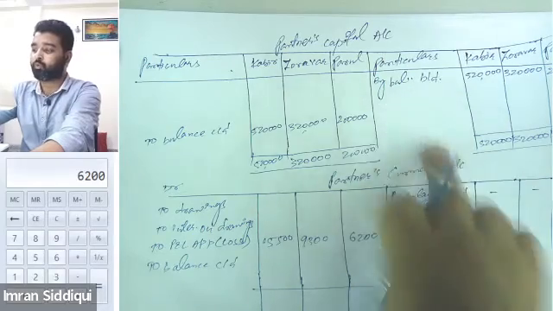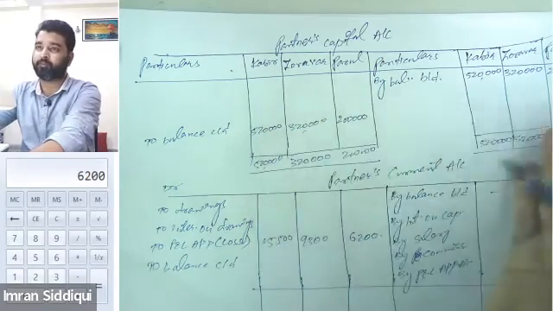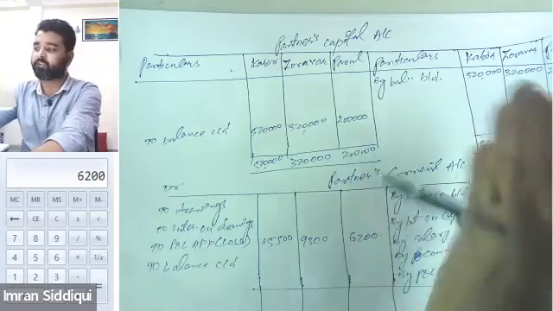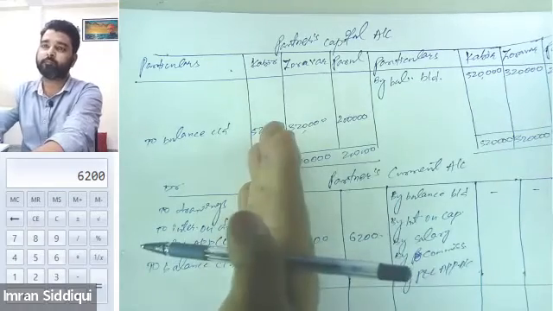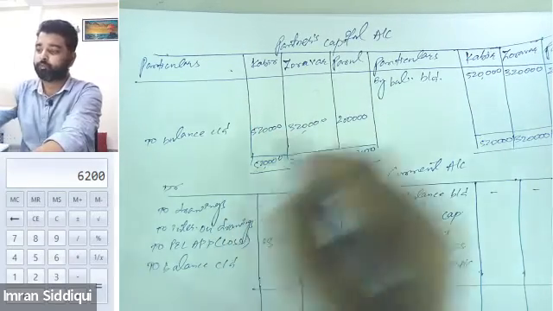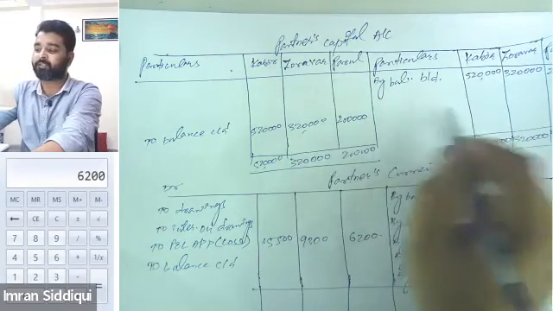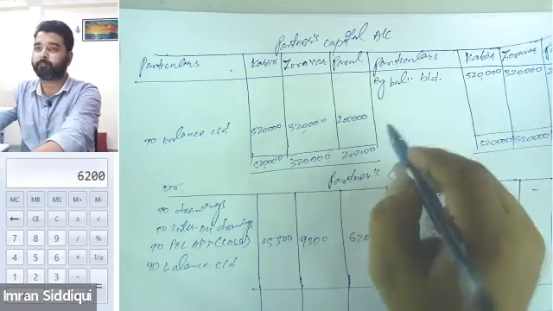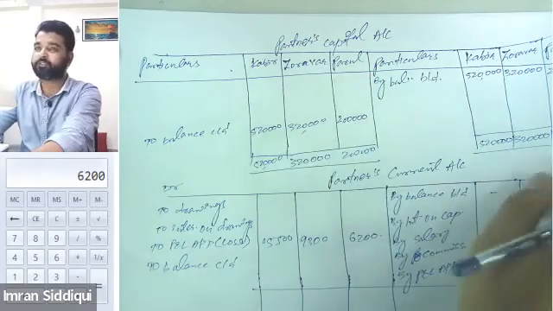Since there is no other value on either the debit or the credit side, this entire amount will become the closing balance as well. So the opening balance and closing balance are going to remain the same. Tell me everyone, is this clear also?